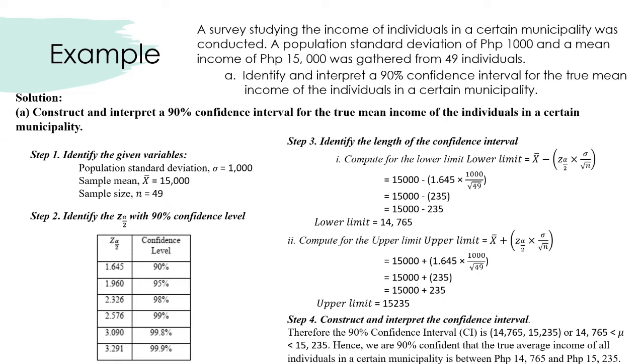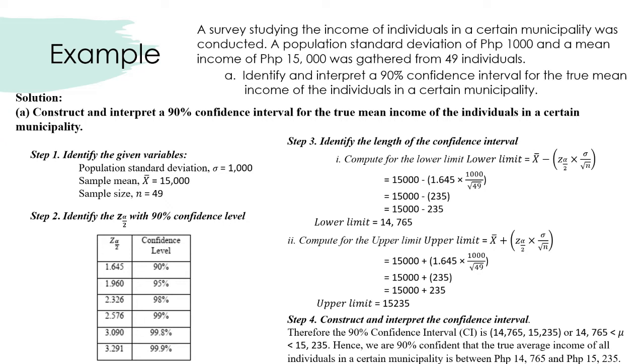We will now have 15,000 plus quantity of 1.645 multiplied to 1,000 divided by square root of 49. Simplifying the equation, we will now have 15,000 plus 235. So we will now have the upper limit 15,235.